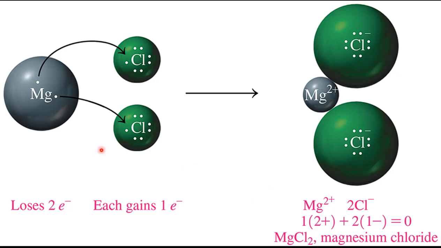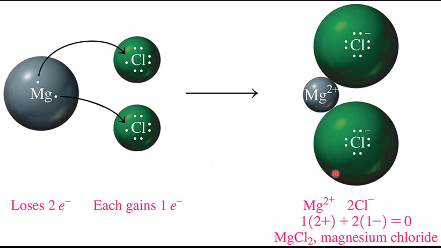Now, magnesium, on the other hand, is a group 2A element, so it's going to give up 2 electrons. When it does that, it's going to need 2 chloride atoms now because chlorides only want 1 electron each. So magnesium will give up 1 electron to 1 chloride and a 2nd electron to the other chloride. We will end up with magnesium 2+ and then 2 chloride 1- ions, right?